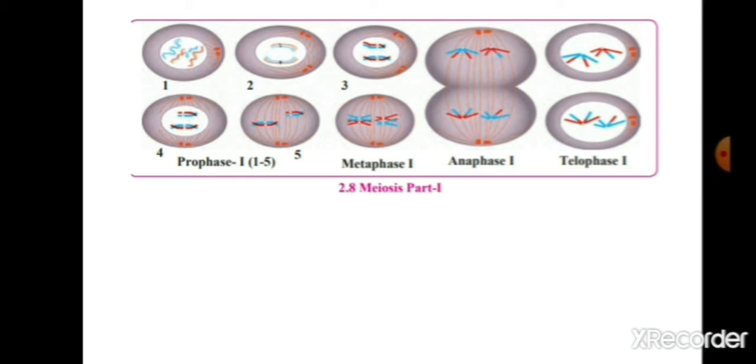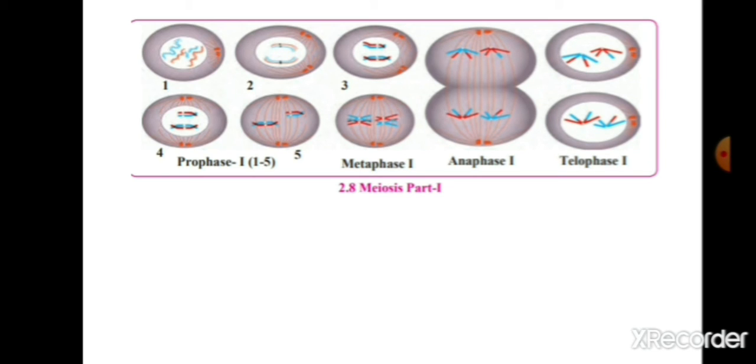Now let us start with meiosis 1. In meiosis 1, homologous chromosomes undergo crossing over, and hence there is genetic recombination. The homologous chromosomes are divided into two groups. From this, two haploid cells are formed. Prophase 1 of meiosis is a lengthy phase, which is subdivided into 5 phases.